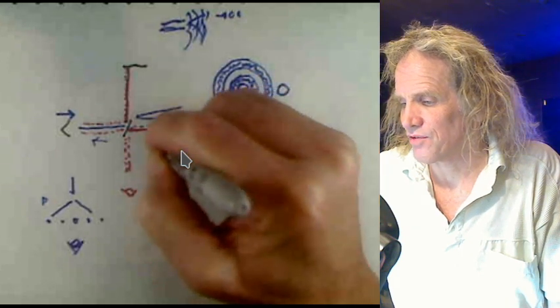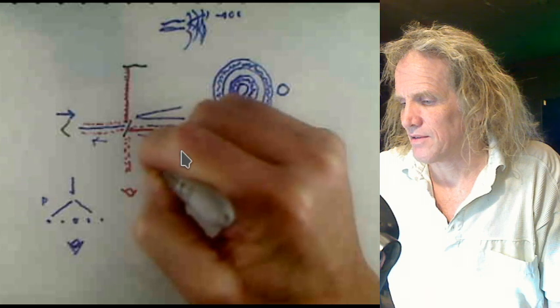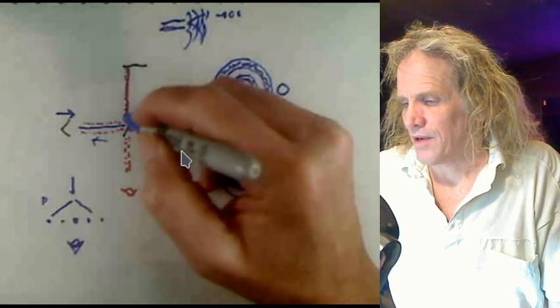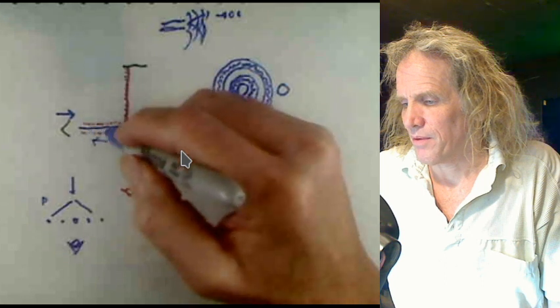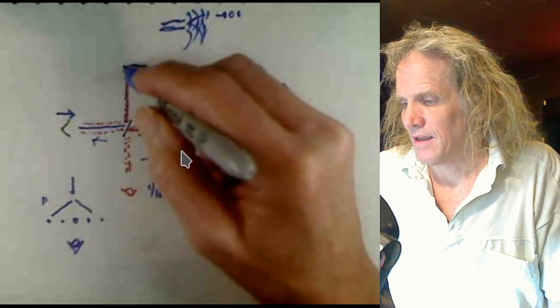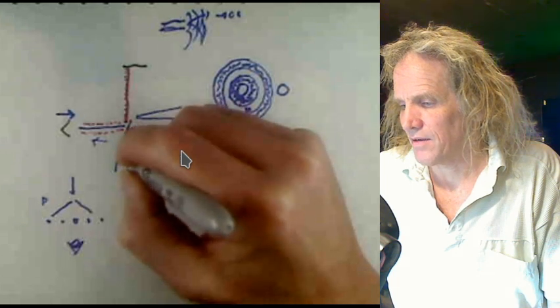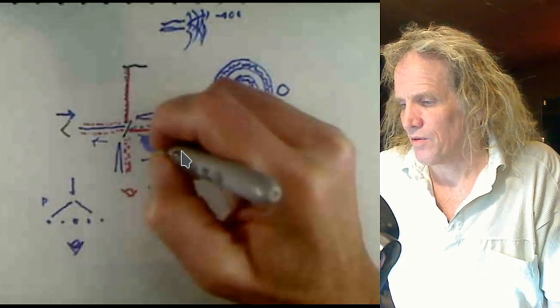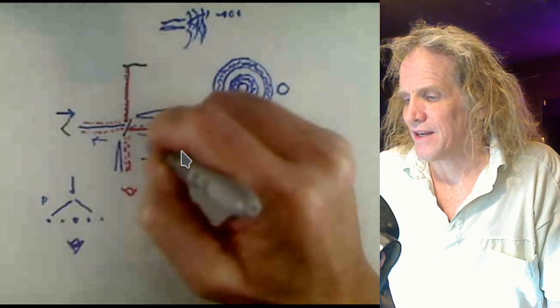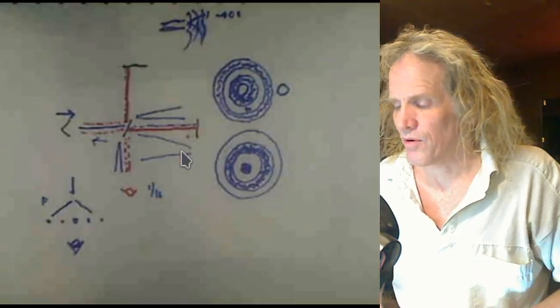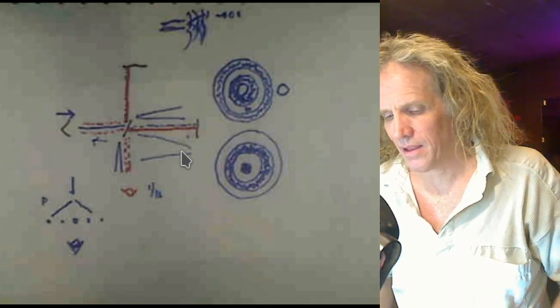So I don't even know how to draw it, but it's spreading even more when it hits this mirror. And likewise on this path where it reflects, it doesn't diverge until the very last leg of the experiment. So the two have very different divergent patterns. One path diverges a lot more than the other path.